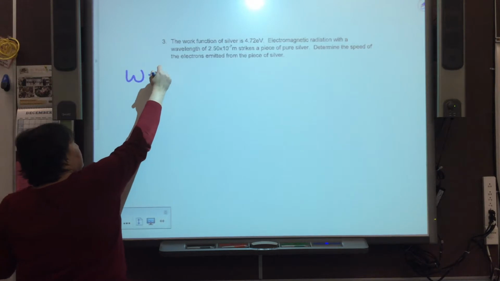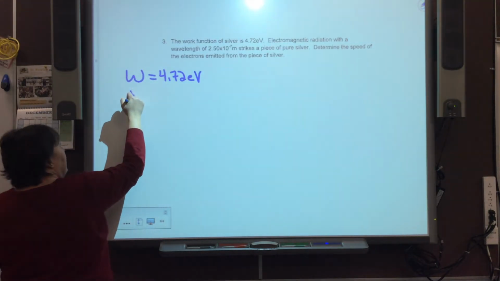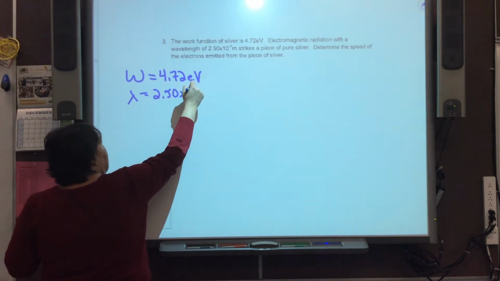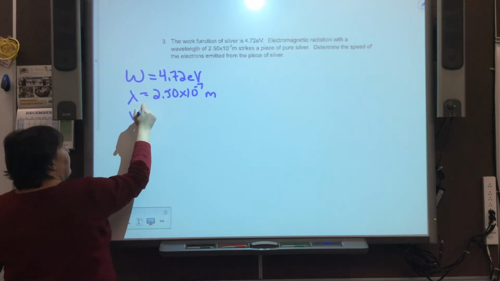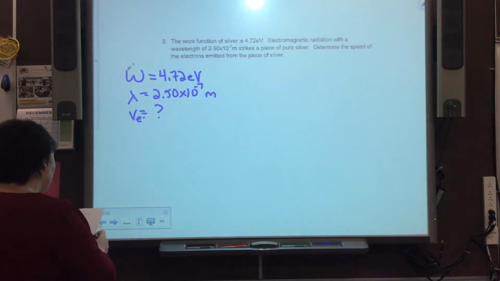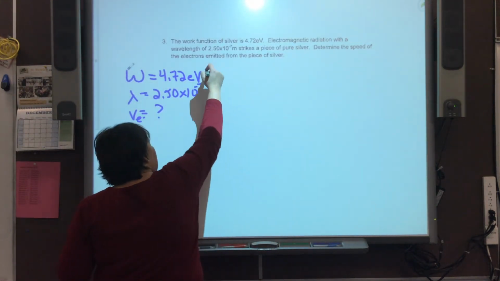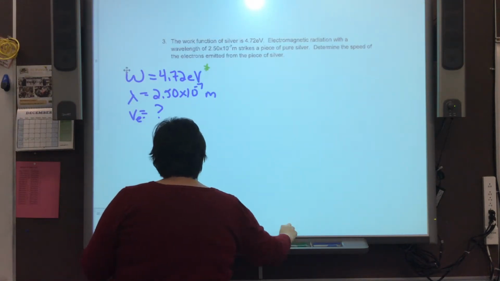Our work equals 4.72 electron volts. Our wavelength is 2.50 times 10 to the negative 7 meters, and it's looking for the velocity of the electrons. Okay? So what we notice here is this is in electron volts, so we need to pay attention to that.